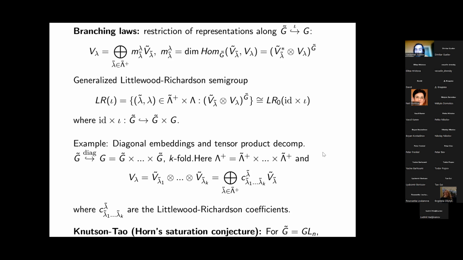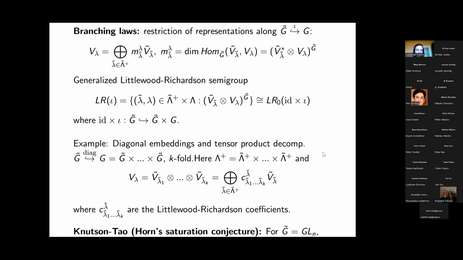So even for simple groups and diagonal embeddings, not everything is known for the saturation coefficient. And the methods that have been employed so far have always been special for special embeddings like the diagonal of GLN. And the method of Knutson and Tao doesn't even generalize to the diagonal embeddings of SO, for instance, or SP.